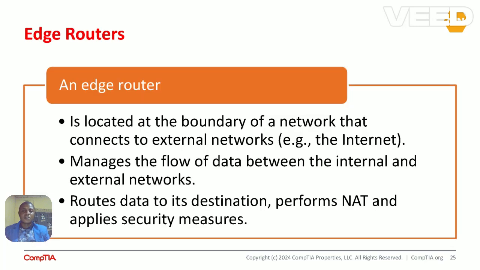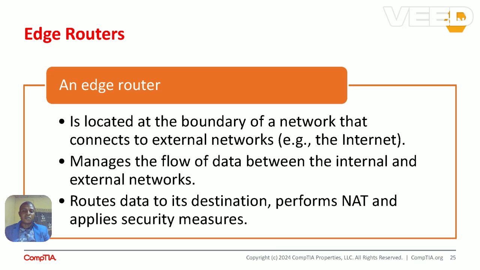Edge router. So what is an edge router all about? An edge router is located at the boundary of a network that connects to the external network, which is the internet. Number two, it manages the flow of data between the internal and the external network, routing data to its destination.